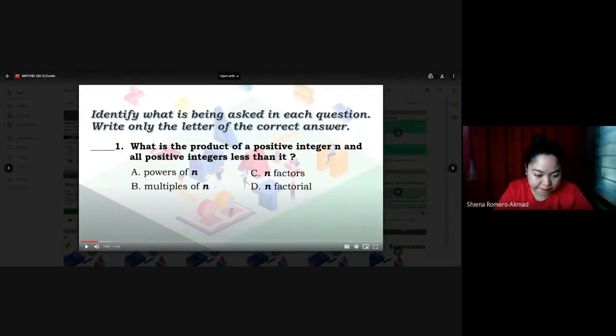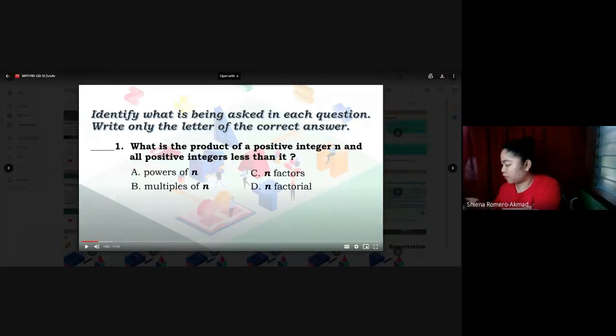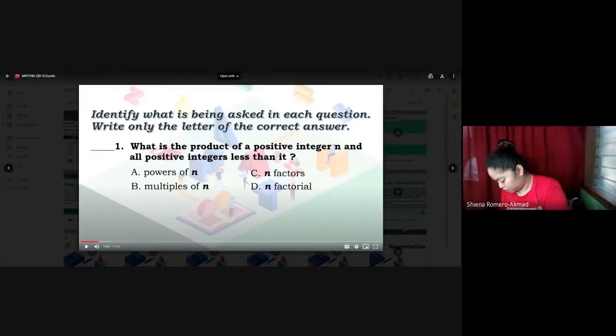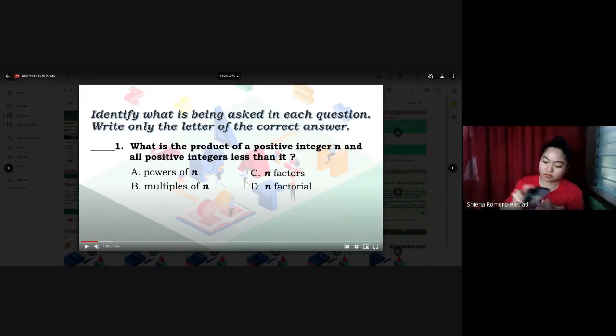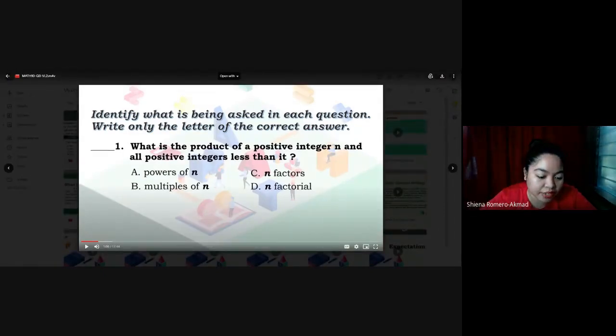Sorry, hanapin ko lang yung module. Hanapin natin yung mga modular. Baka may hindi pa nakapagpasa ng record card.